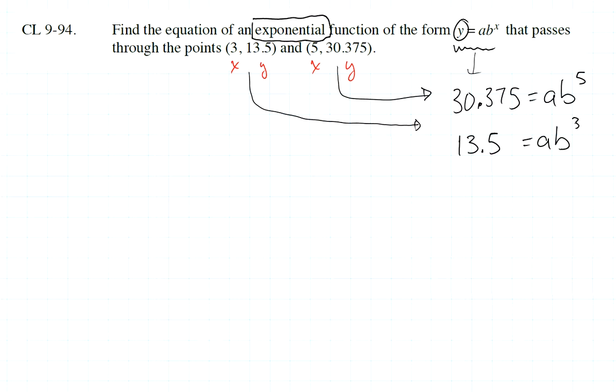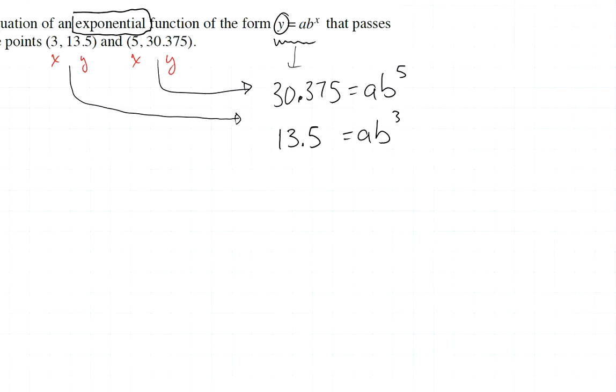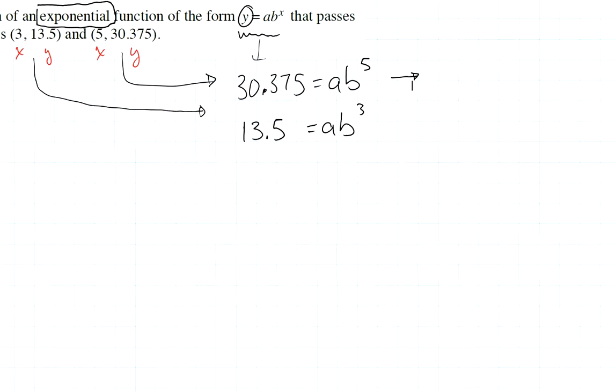Now for each of these, I'm going to rewrite them so that a is by itself. So I'm going to isolate a. That's pretty simple, right? In the first instance, I'm going to divide both sides by b to the 5th power. If you were to look at, for example, a times something, and I want to get a isolated, and this is a simple equation, I would divide both sides by that value.